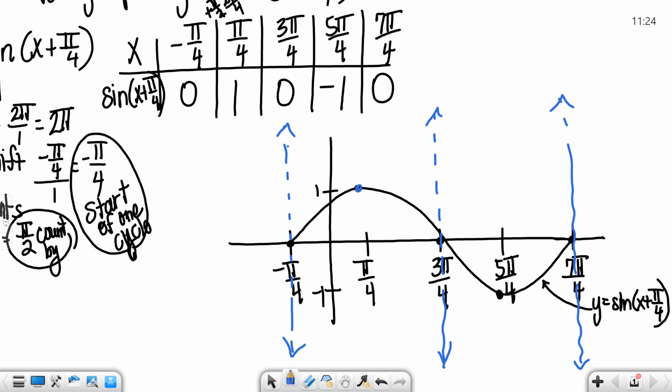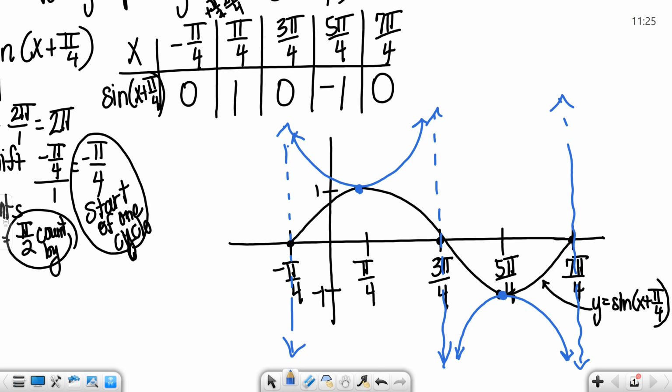This value at pi over 4, 1, does not change, but notice that between negative pi over 4 and 3 pi over 4 is an upside down U. Cosecant is going to go the other direction, so it looks like a U, and it doesn't touch the asymptote. Between the asymptotes 3 pi over 4 and 7 pi over 4, it has the same point at 5 pi over 4, and it looks like an upside down U.